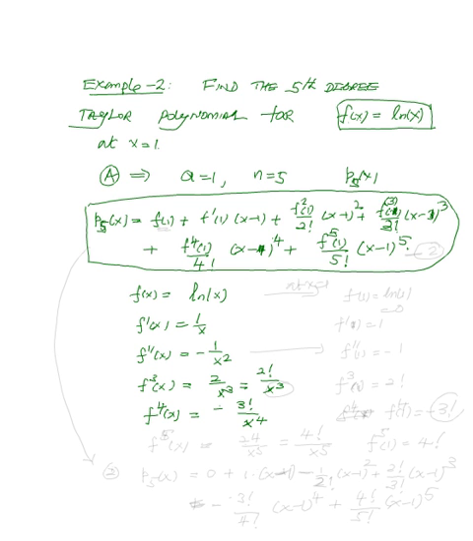Now we also need the fifth derivative of f of x. This is supposed to be positive 24 divided by x to the fifth power, which is the same as factorial 4 over x to the fifth power. Now if I evaluate these expressions at x equals 1, that's what we need.